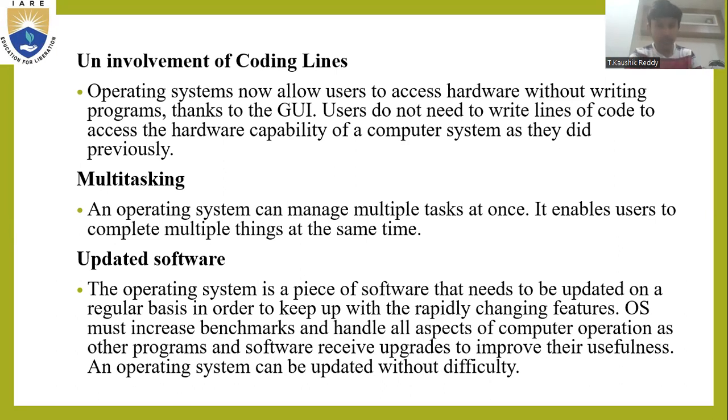And more information about the same topic: creating an OS tailored for the web involves several key considerations, like integration with web technologies. That is, the OS should seamlessly integrate with web browsers, web applications, and cloud services.